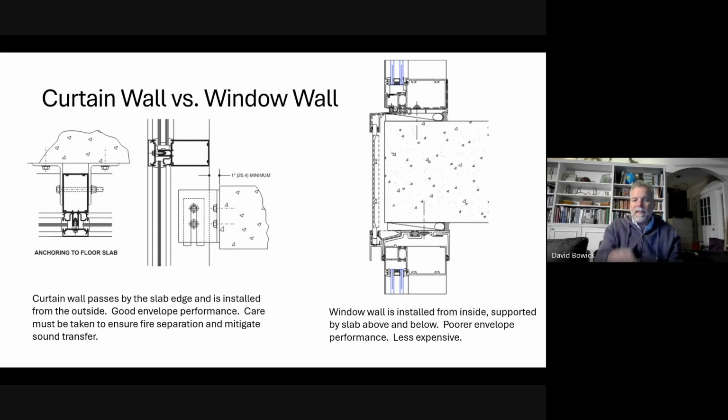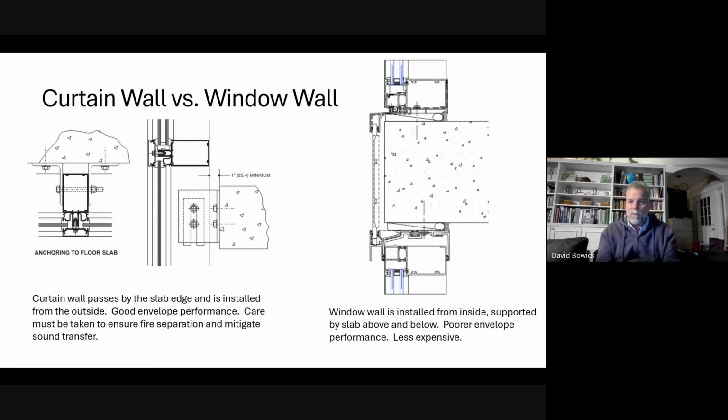So this isn't telling the whole story. This isn't clear glazing slipping past the slab so you can see all this junky hardware. This is a spandrel panel. It's opaque. It's an insulated assembly between the glazing and the slab. Okay, so that's the curtain wall on the left.